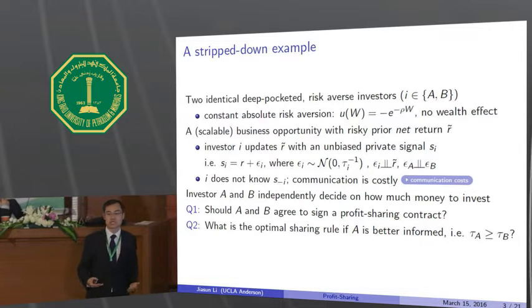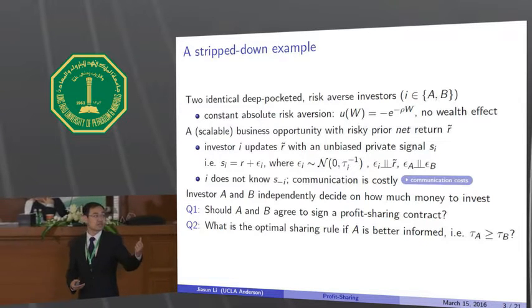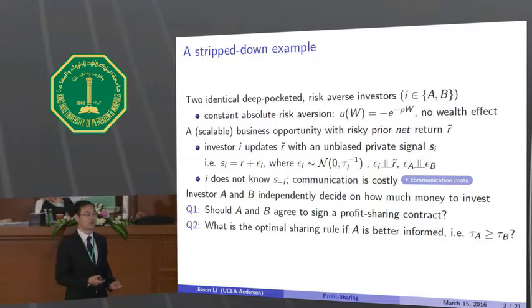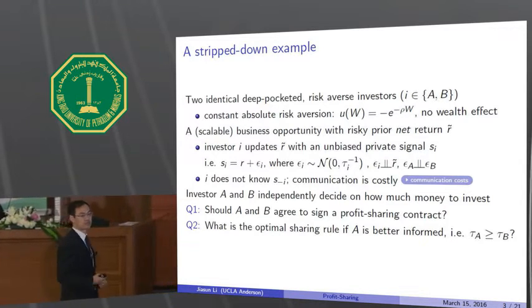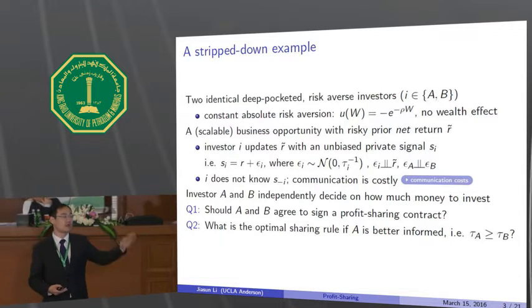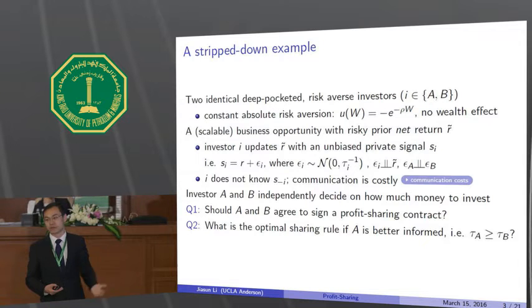So mathematically, each of us has a private signal which equals the true realization of the R tilde plus some idiosyncratic noise. This idiosyncratic noise follows a normal distribution, and the noises are independent.